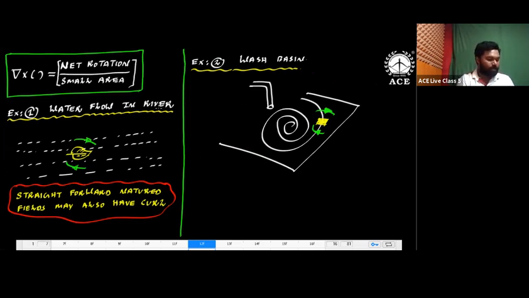Number of times, substitution kind of questions were noticed from these concepts. In paper 1 or 2, you will find one or two questions, of 1 mark or 2 marks, related to curl and divergence. Clear? Yes. So let us have the questions which are related to curl and divergence.